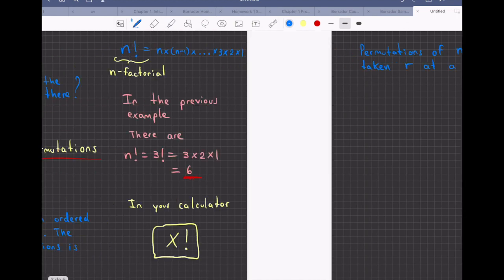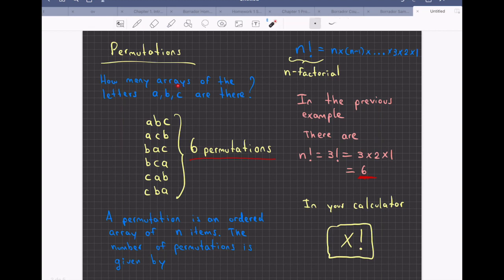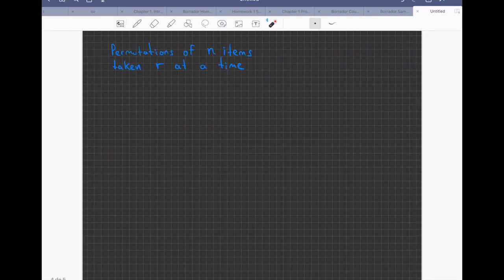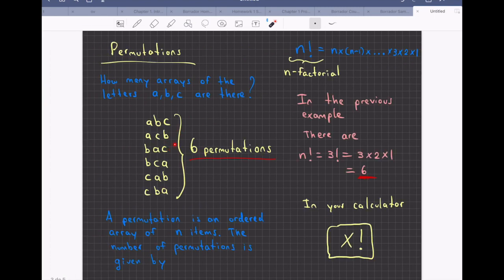Remember the previous example? We have 3 letters and we tried to compute the permutations. Well, we computed the permutations actually. But now let's modify this example a little.